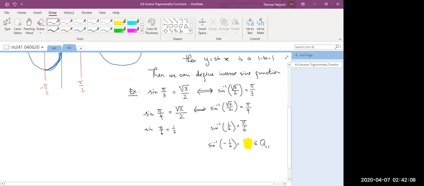Okay, now what is sine inverse of -1/2? That has to be in quadrant -1. Sine of a negative angle equals -1/2. You will see the negative angle there has to be negative pi over 6.